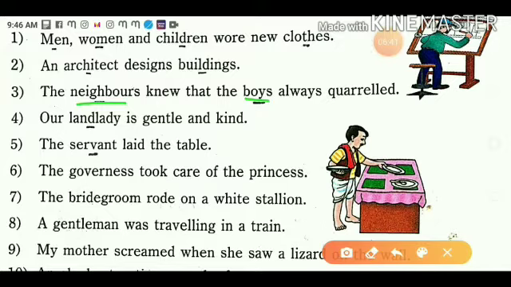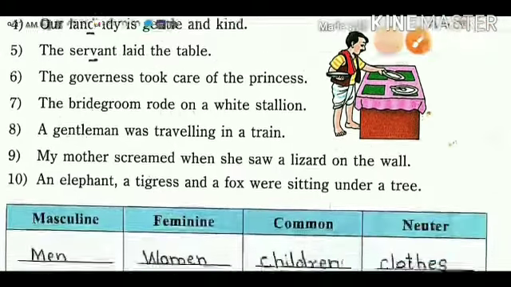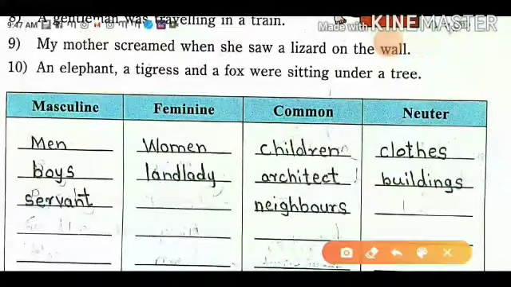Neighbor can be a male or female neighbor, so that is why we use common gender for neighbor, and boys are male, so it is masculine gender. So we have used them in the columns like this: boys as masculine and neighbor as common gender.